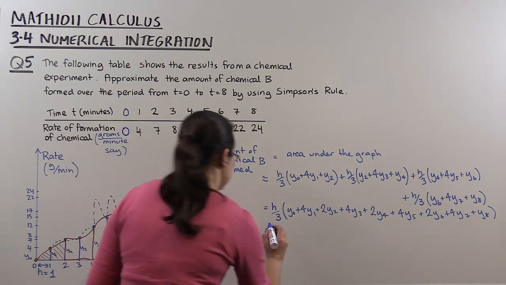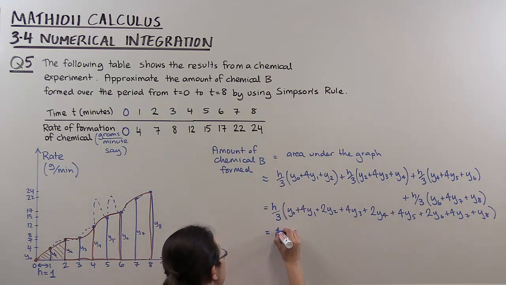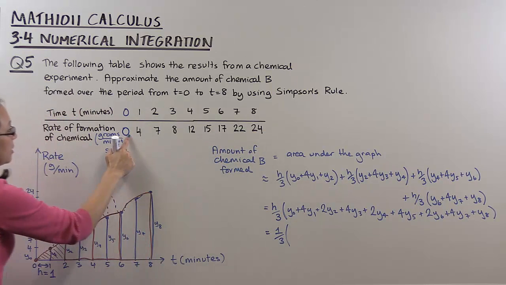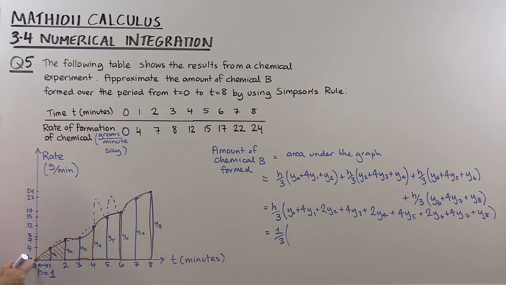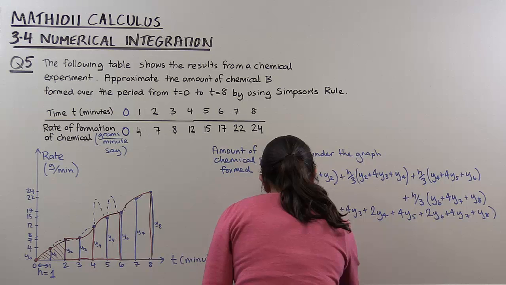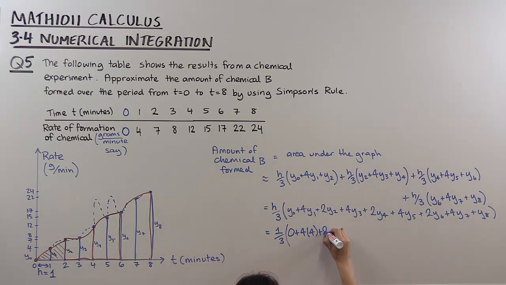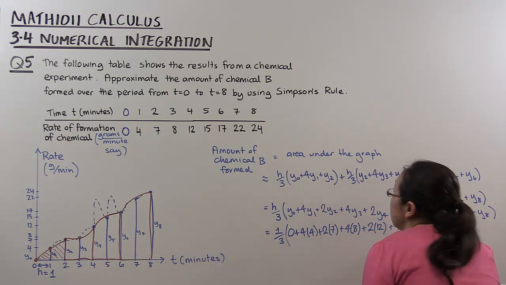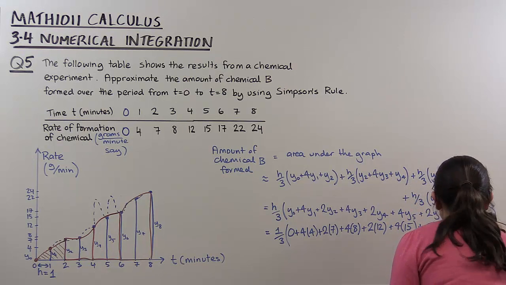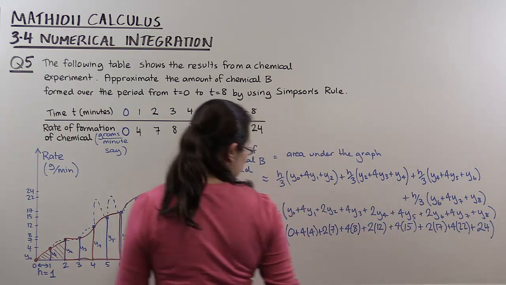Let's substitute in our values. So h is the width of our strip, which is 1. And our y values are given according to this table. Remember, the first y value we're assuming is 0 here. So we have 0 plus 4 lots of 4 plus 2 lots of the next y value plus 4 lots of the next y value, 2 lots of the next y value, 4 lots of the next y value, 2 17s, 4 22s, and a single 24 for the last y value there.